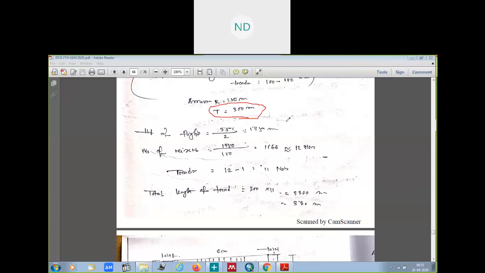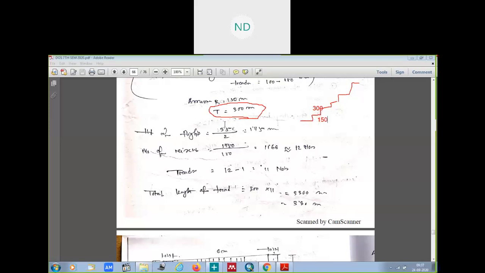So if this is our steps, this is our tread, which we are taking to be 300, and this vertical one, the riser, we have considered to be 150 mm.